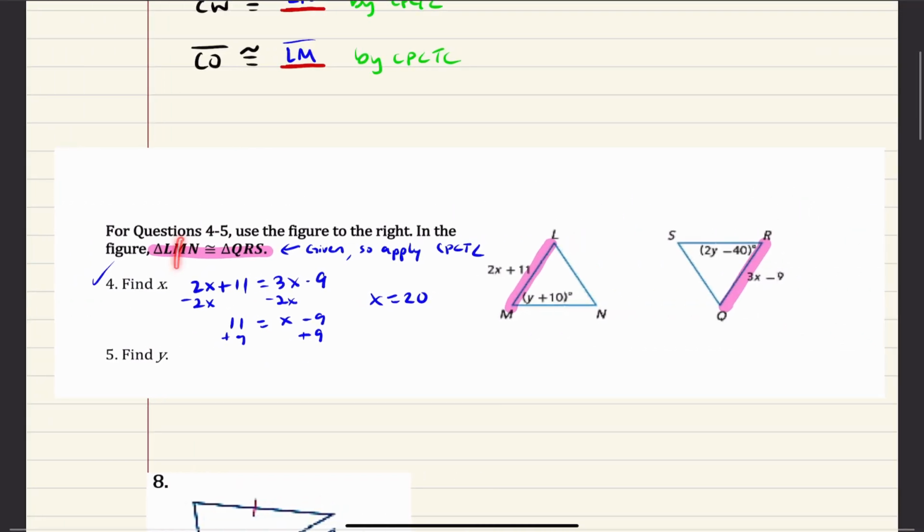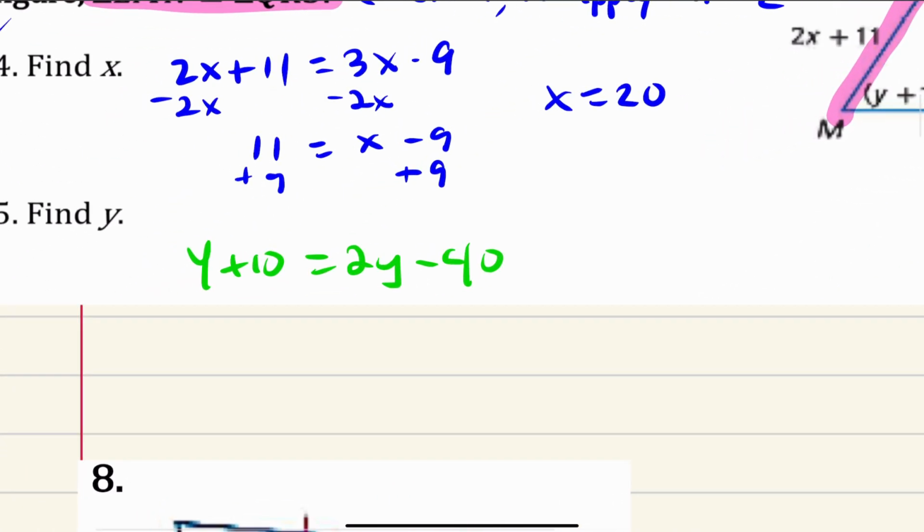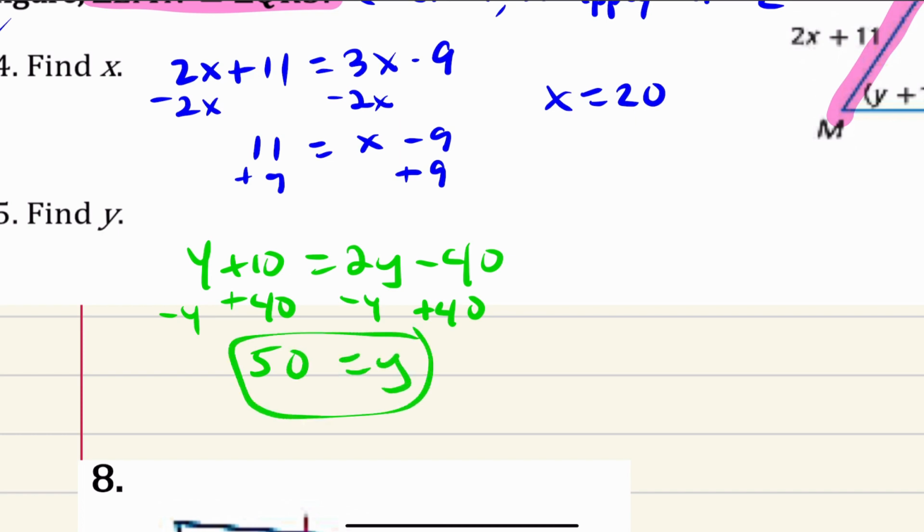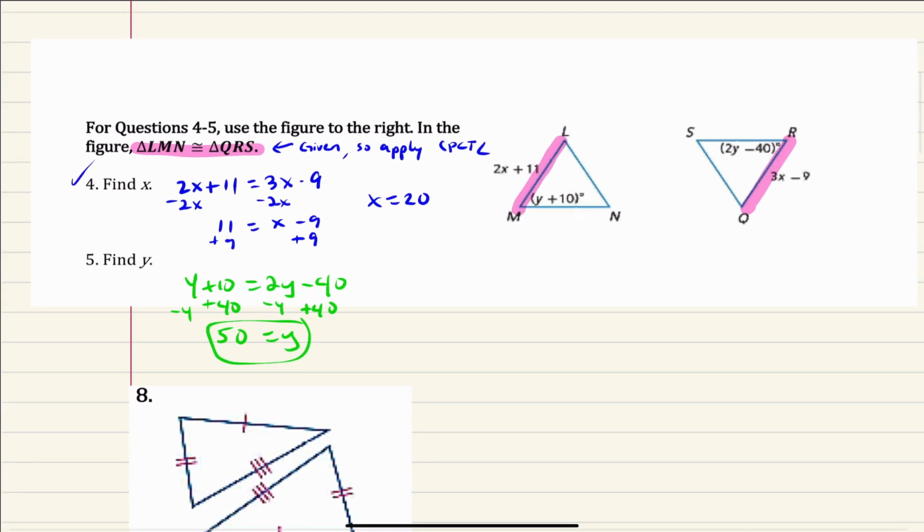So angle M and angle R, you set those two things equal to each other. So y plus 10 equals 2y minus 40. So I'm going to add 40 on both sides, and I'm going to subtract y on both sides. I get 50 is equal to y, and that's my answer. So that's me applying CPCTC. And we saw that angle M is congruent to angle R.